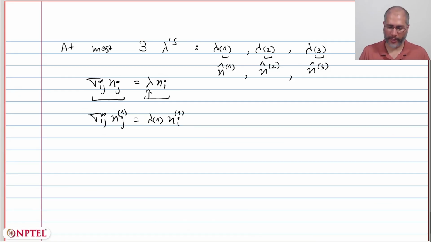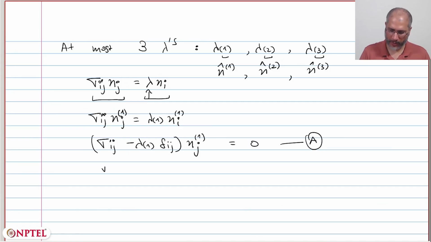We can also write this as sigma ij minus lambda 1 times delta ij times n1j. This is equal to 0. So we call this equation A. Similarly, the equation B is for the second n hat.